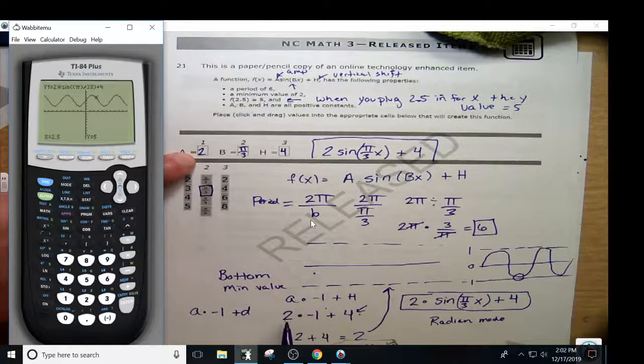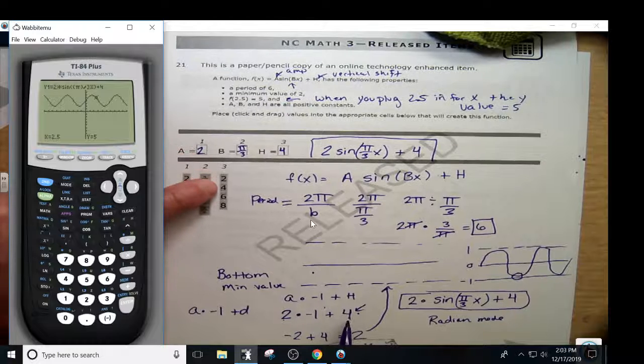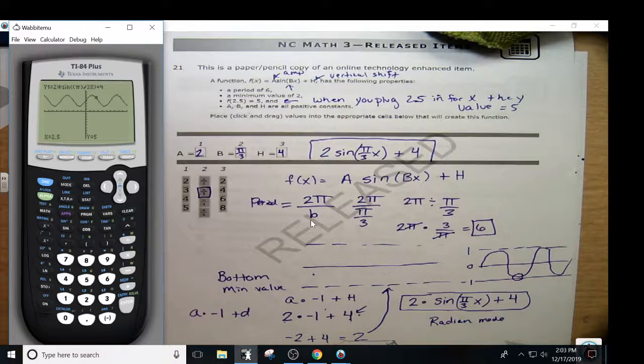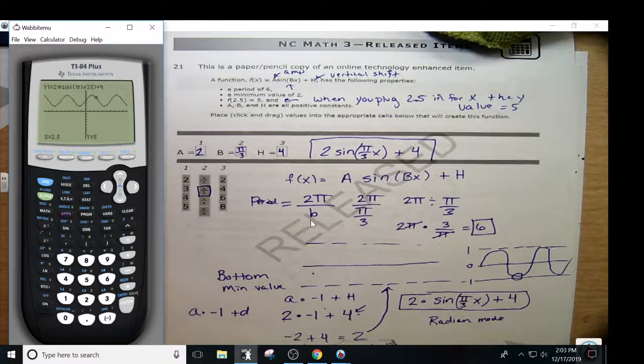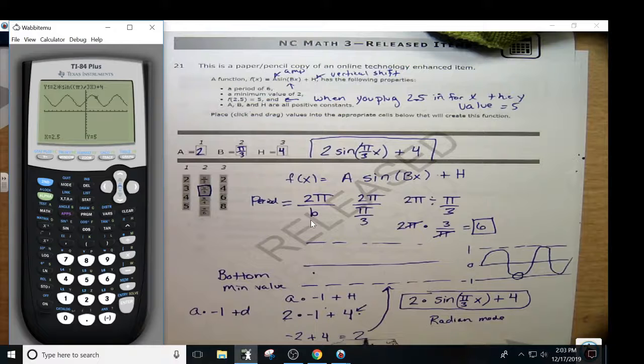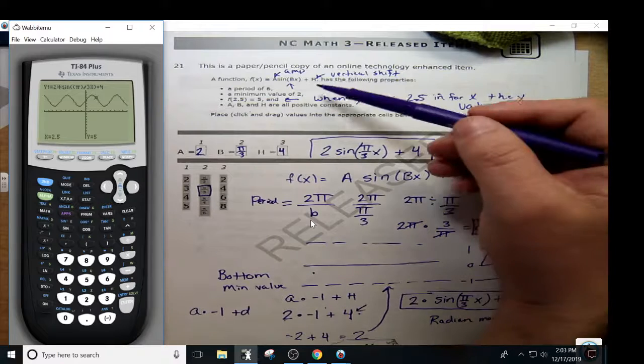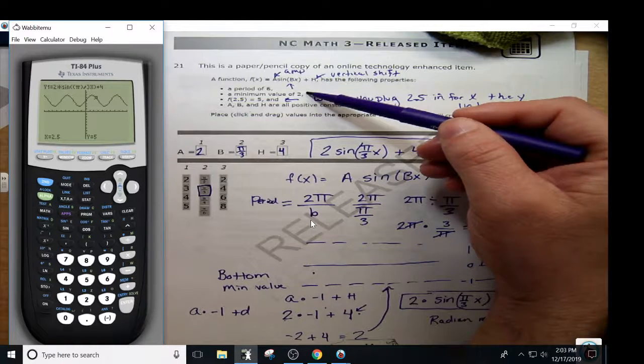All right, that was just something we plugged in. 2 times negative 1, and to make a minimum value of 2, we had to add the h value had to be 4, so we did that. So, guys, we really didn't have to plug and chug too much. We actually got it pretty quick. But 2 times negative 1 plus 4 was a positive 2. That was my minimum value they said it was, which is here.